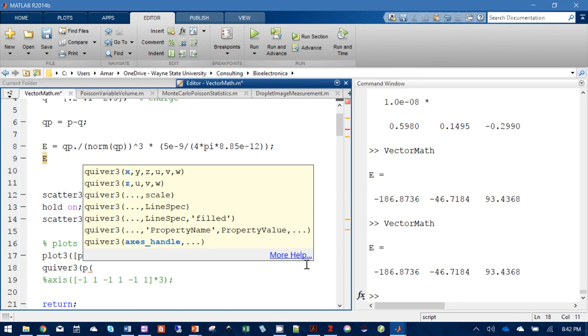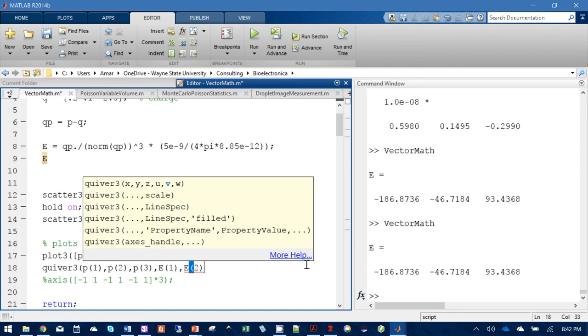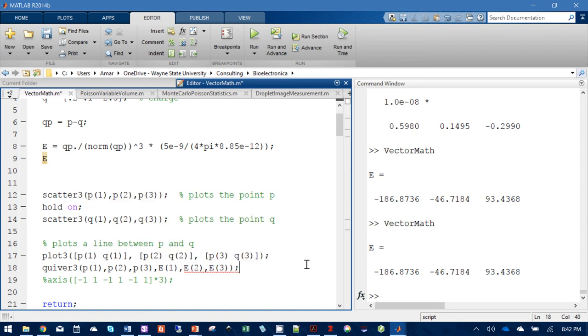This time we want the vector to originate from the point P. So we're going to do P1, P2, P3. And then we have to put the magnitude of the vector. We just calculated E, so it's going to be E1, E2, E3. So this will give us the magnitude of the electric field.